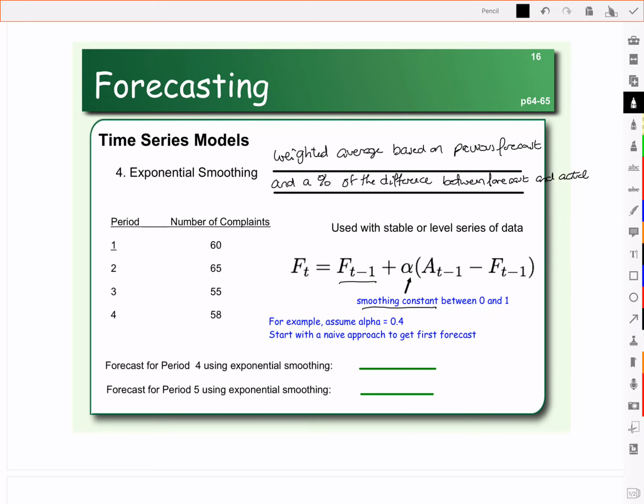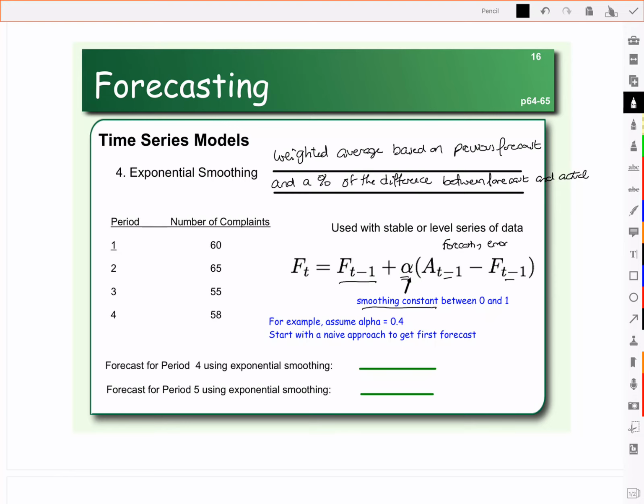So what we're doing is we're taking what we call the forecasting error, right? The difference between what we actually had and what we forecasted. And this is both for the previous period. So how far off were we in the previous forecast, and then how much of that do we want to take into consideration? So alpha can be anywhere between 0 and 1.